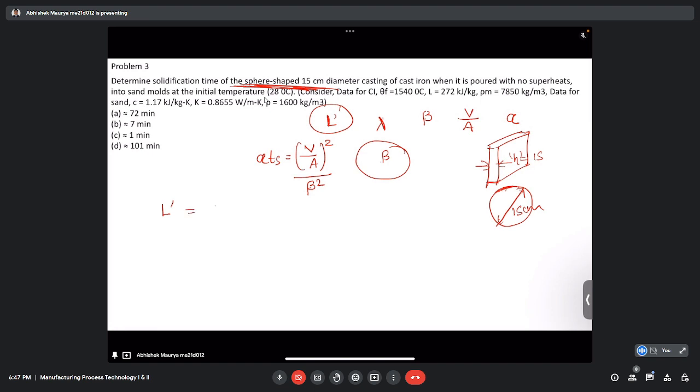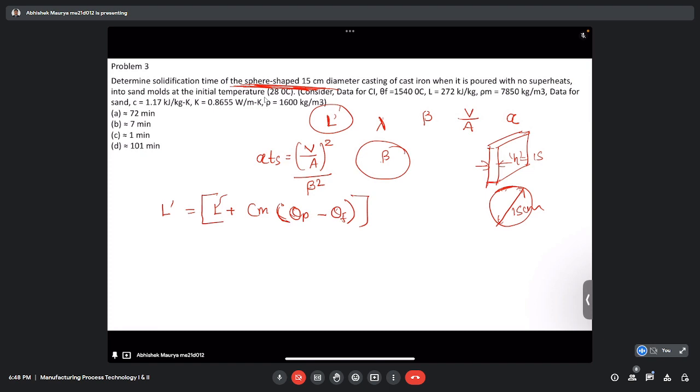L dash is equal to L plus Cm theta p plus theta f, where theta p is the pouring temperature, theta f is the freezing temperature of the mold material, and L is the latent heat.